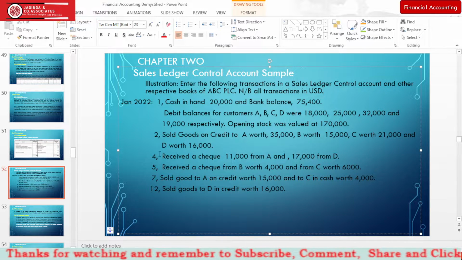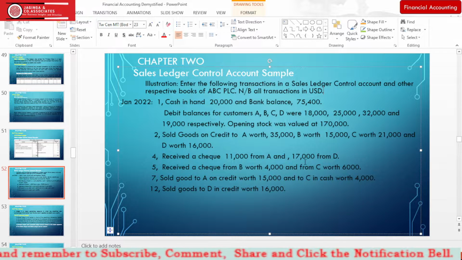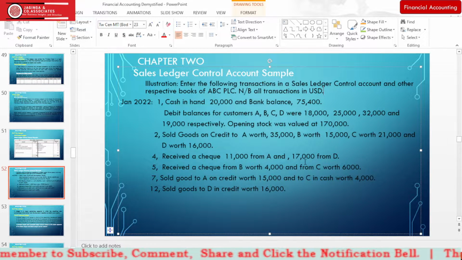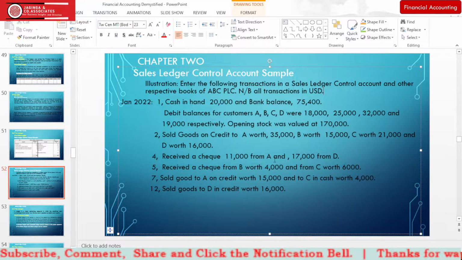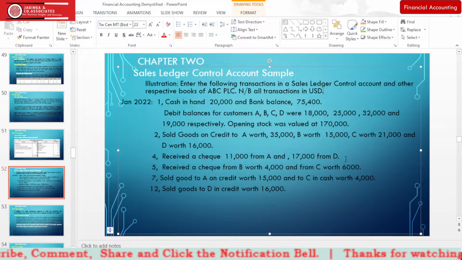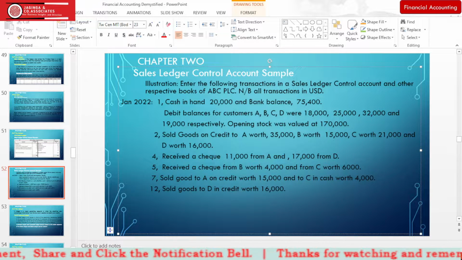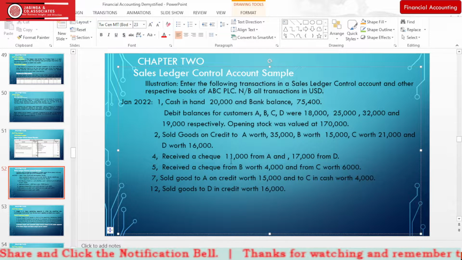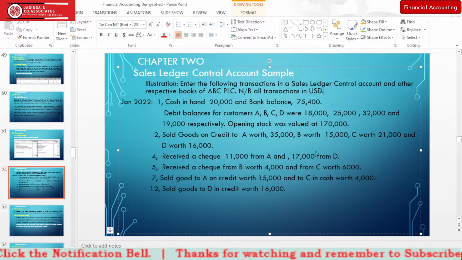So on 4th January, received a check worth 11,000 from A and 17,000 from D. So here I need to make these entries on both the sales ledger and individual accounts.